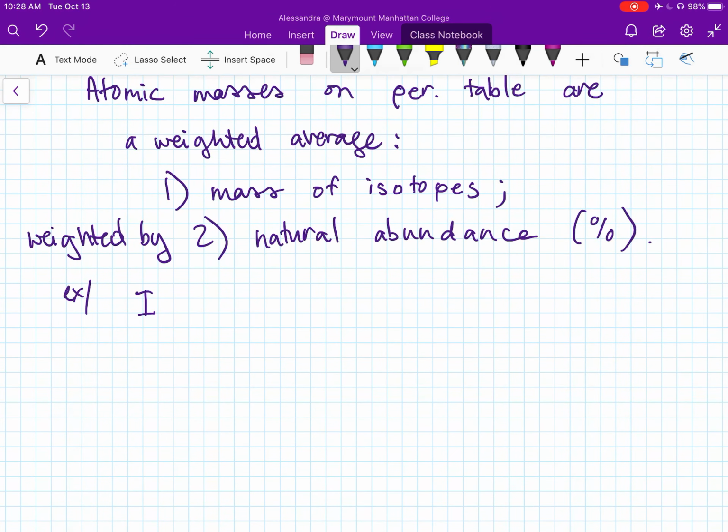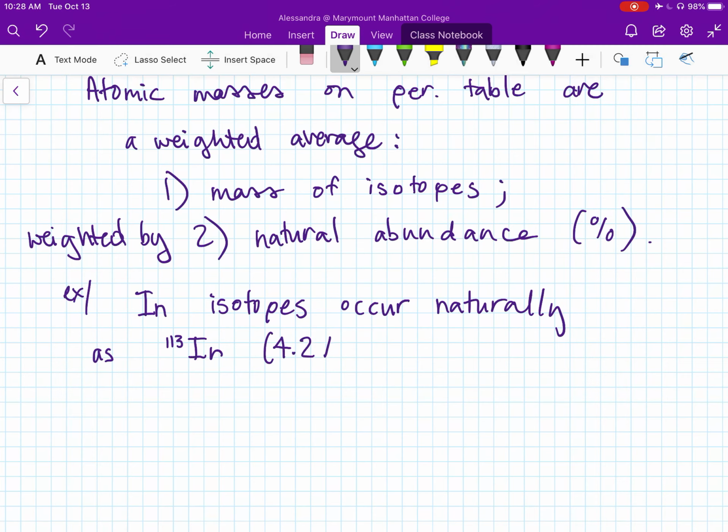All right, indium is an element whose isotopes are mainly 2, okay? So indium isotopes occur naturally as 113 indium, and that is only 4.2% of indium element in nature, and 115 indium.